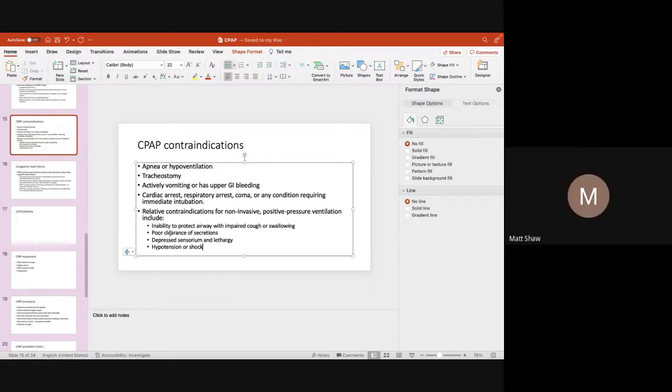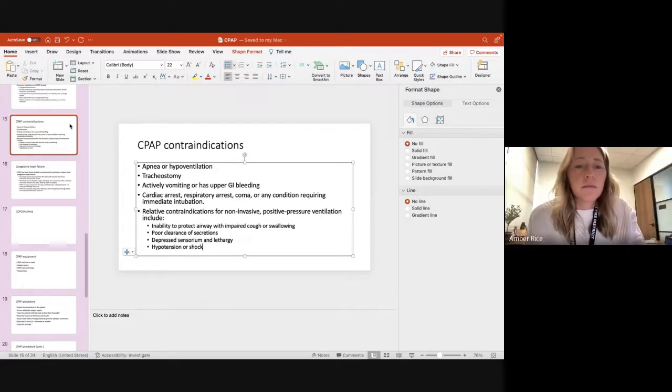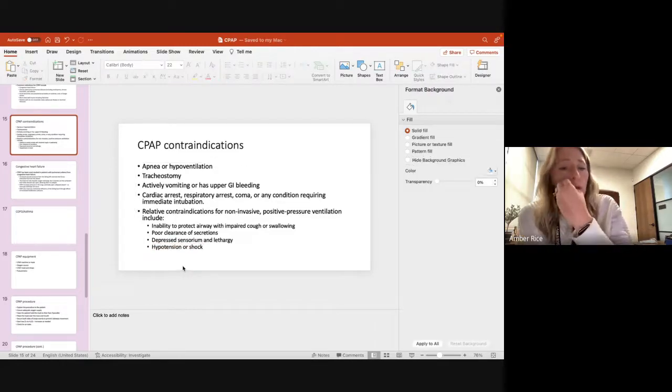But do we need another slide about intrathoracic pressure and shock, or do you think that this is enough? I just wonder if we need to expand on some of the contraindications a little more, or if this is enough.